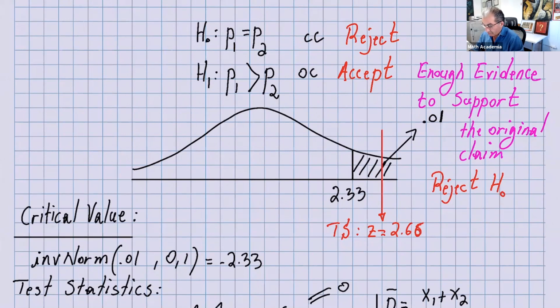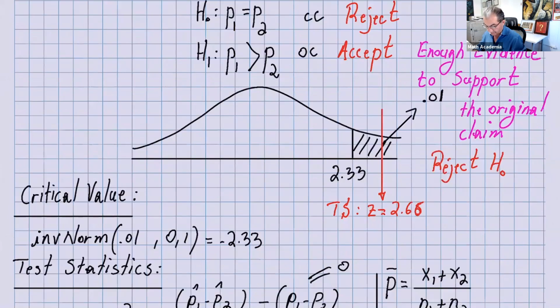So it's in the shaded region. You're going to say reject H0. That's the first one. So we're going to reject that and accept that. Reject H0, or then you go to where it says accept the original claim. So we know we have enough evidence to support the original claim.